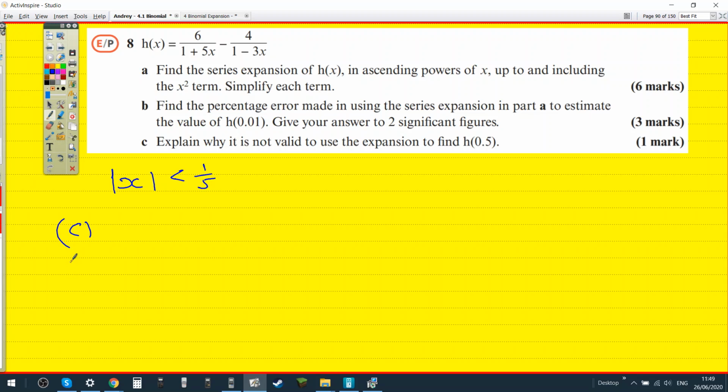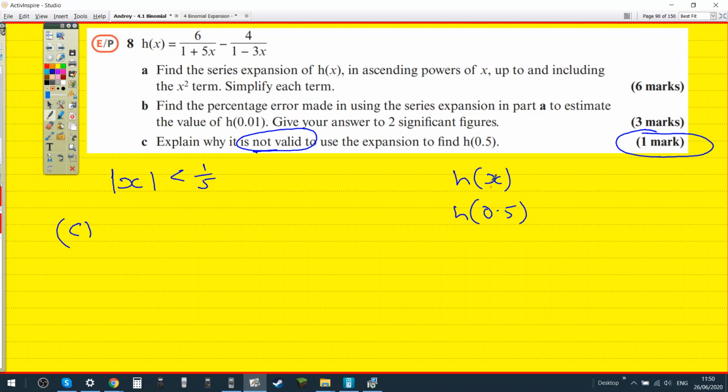So do I just sub in? Oh, it's not valid, right? Let's use the expansion to find h. H of x. H is 0.5. Do I just have to sub it in? No. One mark.